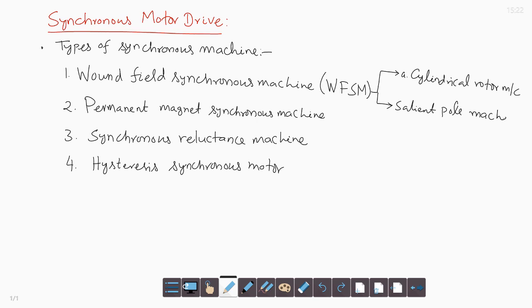Salient pole construction, where in the first category the rotor is cylindrical and in the second type the rotor has salient poles.